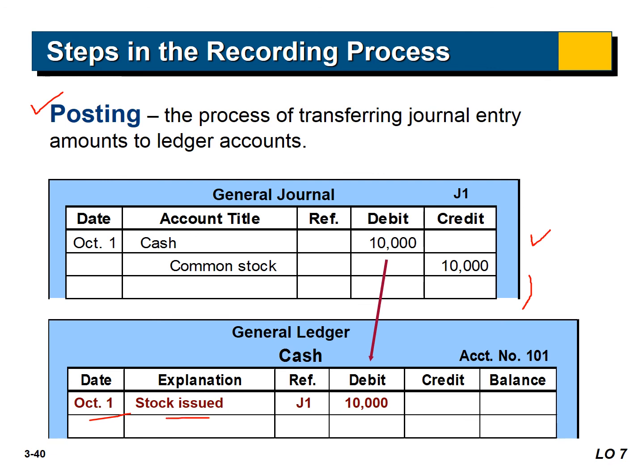We're going to record a reference here, and the reference means where it came from, and that reference is up here, which is journal J1 for journal page 1. And we're normally going to assign an account number to each account. So we're just taking the debits from our general journal and transferring them down into the ledger account. So everything that affects cash will be shown in that account. Let's show you how that works. Oh, I'm sorry, and then we bring the balance over here too.